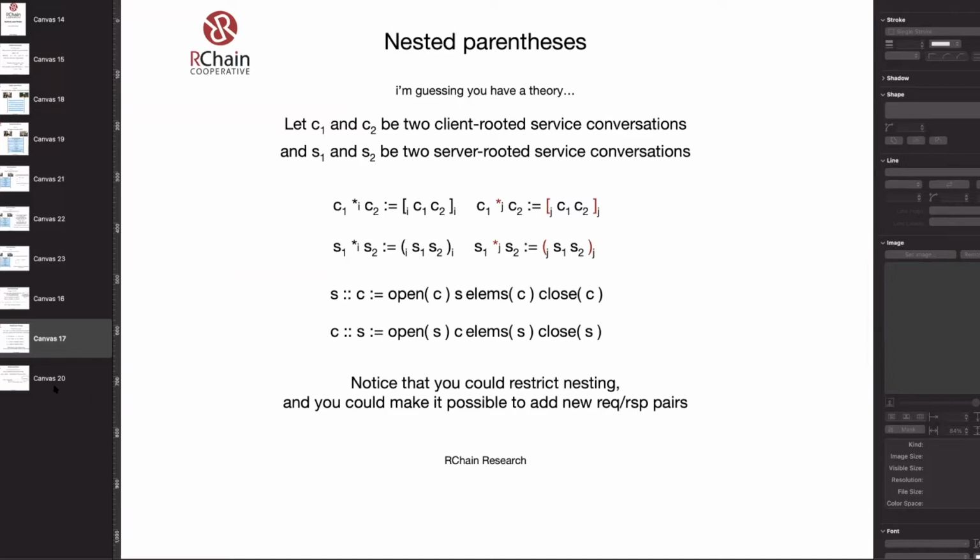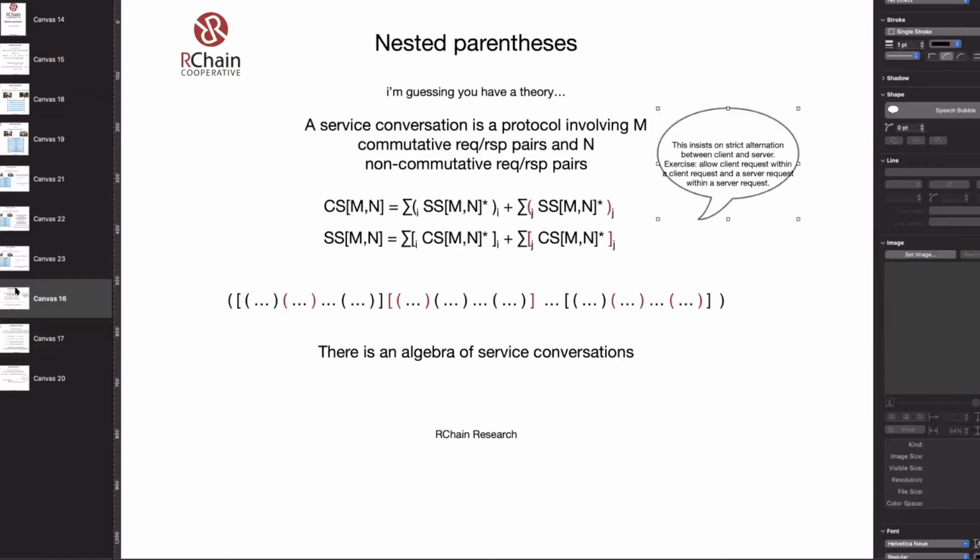Okay. For restrict nesting, this means we are creating new types of brackets, right? Yes. You're making it so that in this grammar, any of the server sessions can appear between any of the round braces.